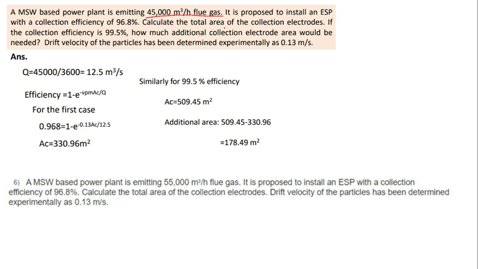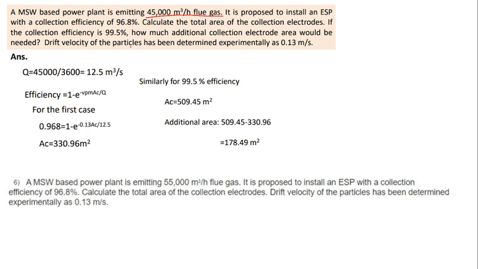Calculate the total area of collection electrodes if the collection efficiency is 99.5%. So we have to calculate the area for 99.5% also and 96.8% also. How much additional collection electrode area would be needed? A2 minus A1 is to be calculated.